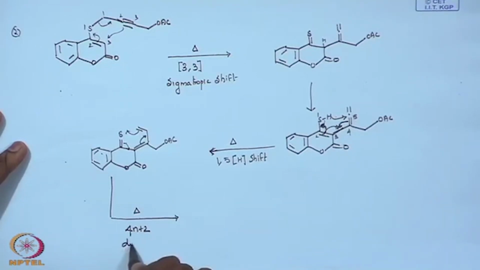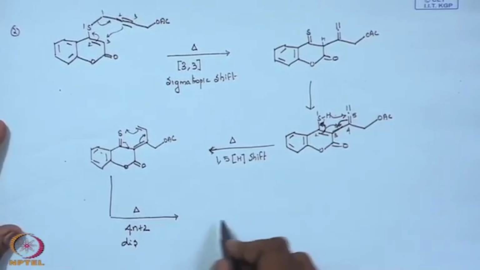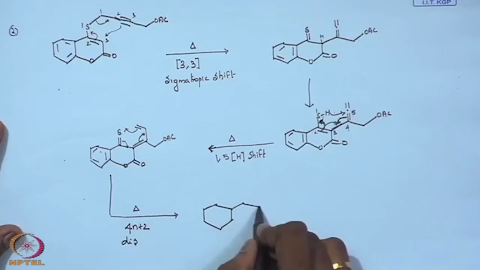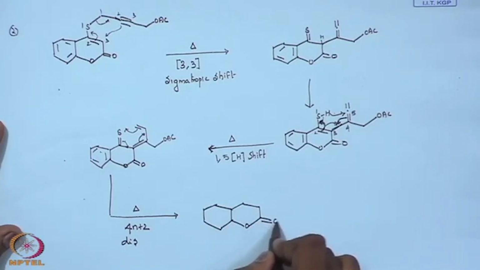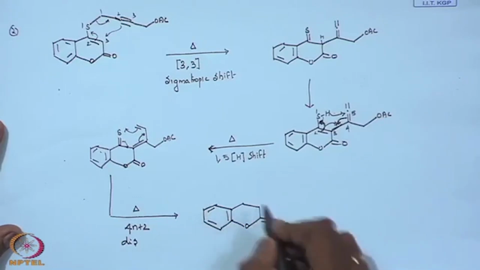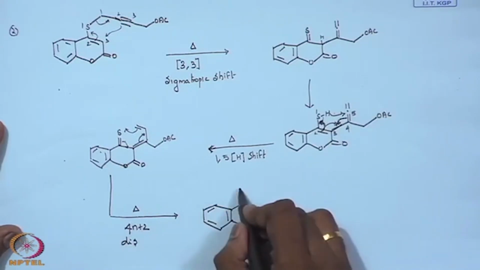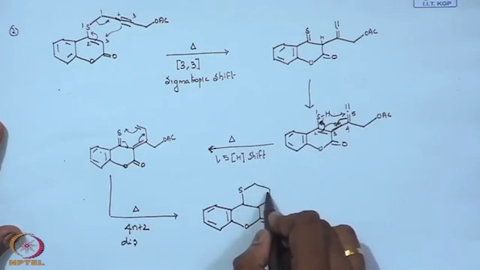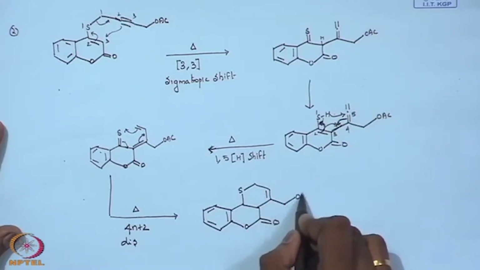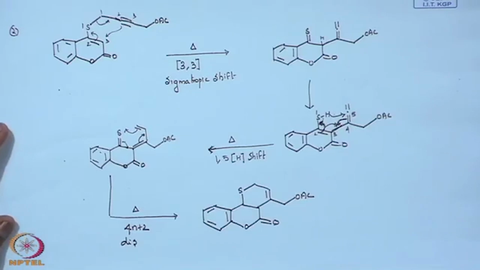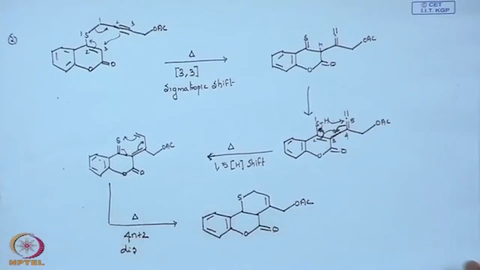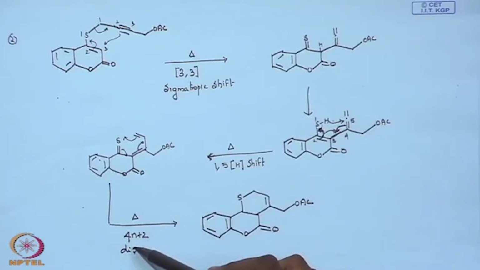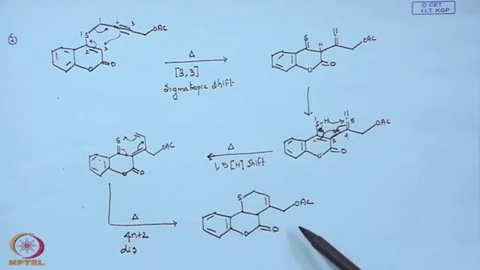So I can think about this type of ring closure to give me the product. See, you did the 3,3, 1,5 hydrogen shift, and 4n plus 2 ring closure to give you the product.